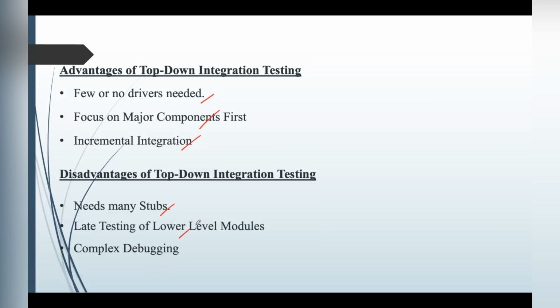Then late testing of lower level modules, which may delay the discovery of issues in these modules and could result in integration problems being identified late in the development process. Then we have the complex debugging issue. Here, debugging might be more complex since errors detected during top-down testing may require tracing down to lower level modules where the actual fault lies.